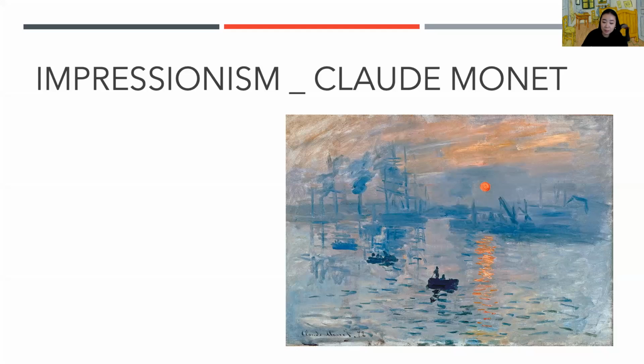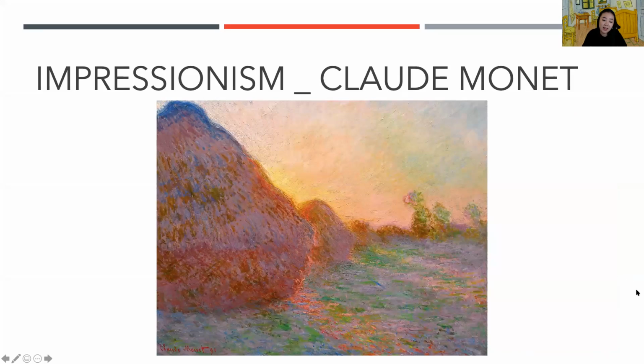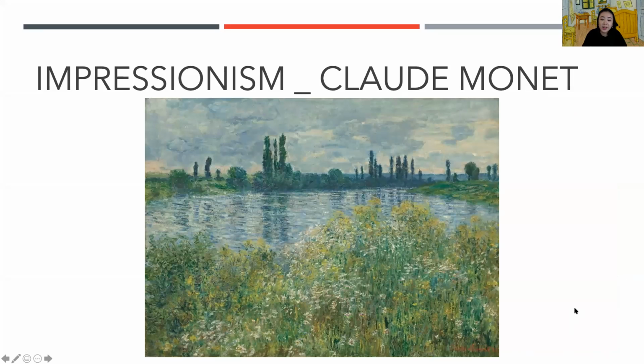Impression, Sunrise depicts a port in Monet's hometown. Monet painted the same subjects many times because the light and scenery are different by the time, the day, and the weather. And he liked to paint nature views outside to capture all the differences of lighting while he was painting.